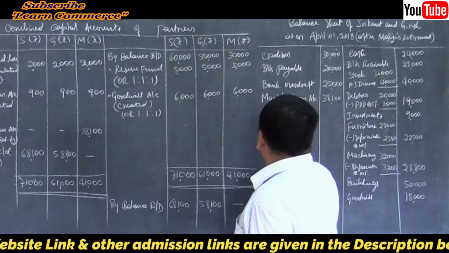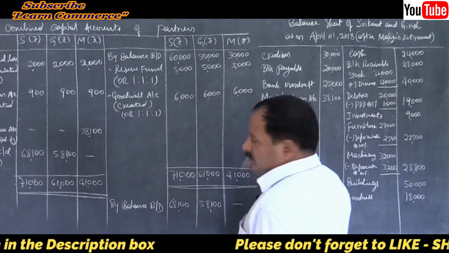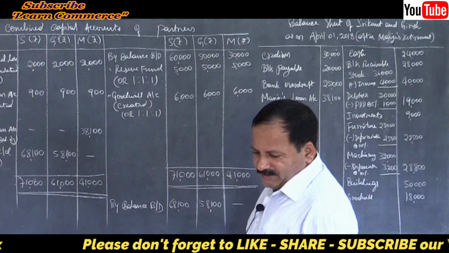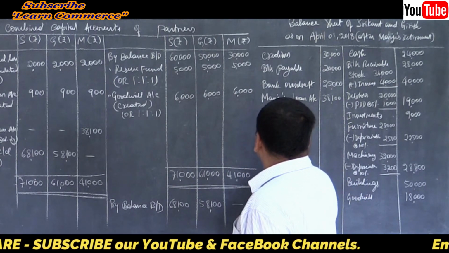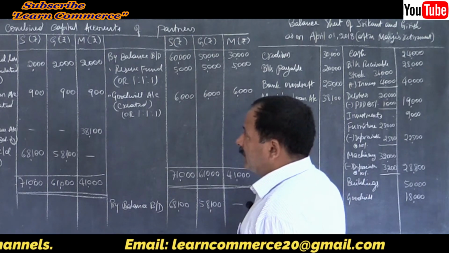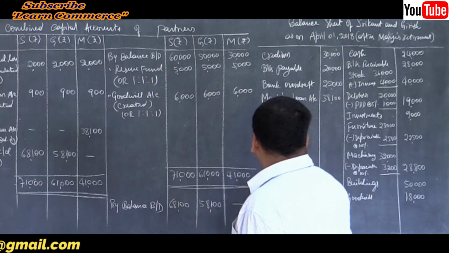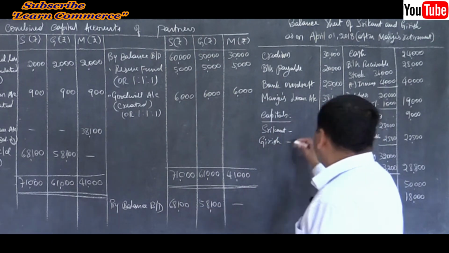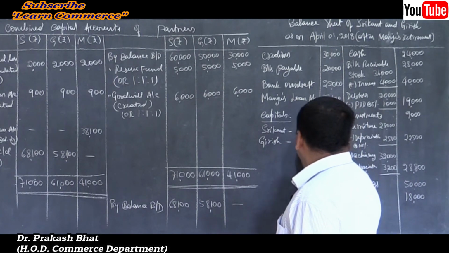Then capitals. How much capitals? Shrikant and the other partner is Girish, right? Right, their capital balance is brought down 68,100 and 58,100.